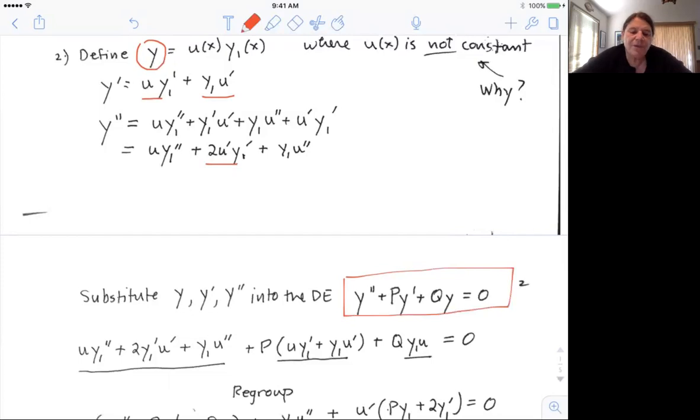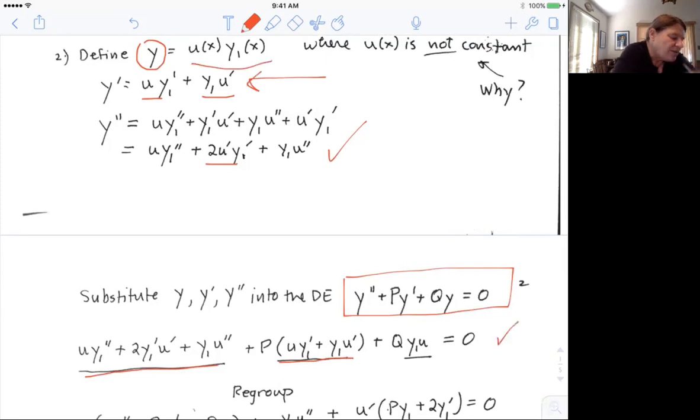So I plugged in y double prime, which if you look was this, right there, plus p times y prime, and y prime was this thing right there, and then plus q times y, and y was u y1. So I plugged it in just like I plugged it in before. Plugged all of those in and got that.